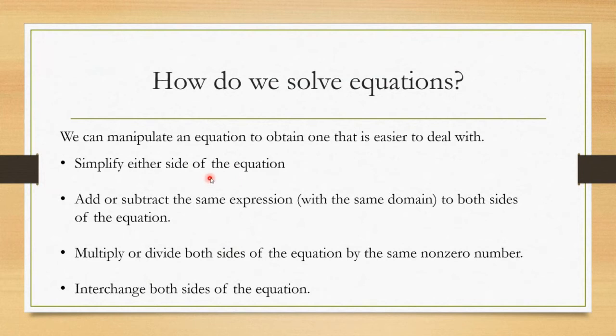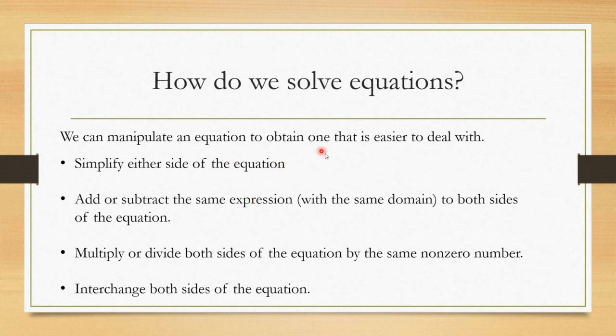So these are the manipulations you're allowed to use to solve an equation. This is what you're allowed to do when you solve an equation. You can simplify either side of an equation. You could add or subtract the same expression to both sides.